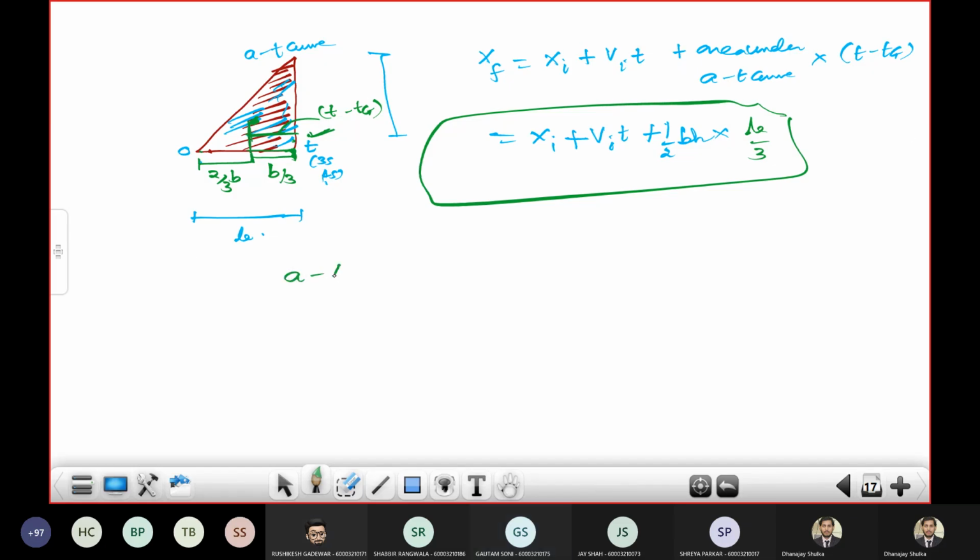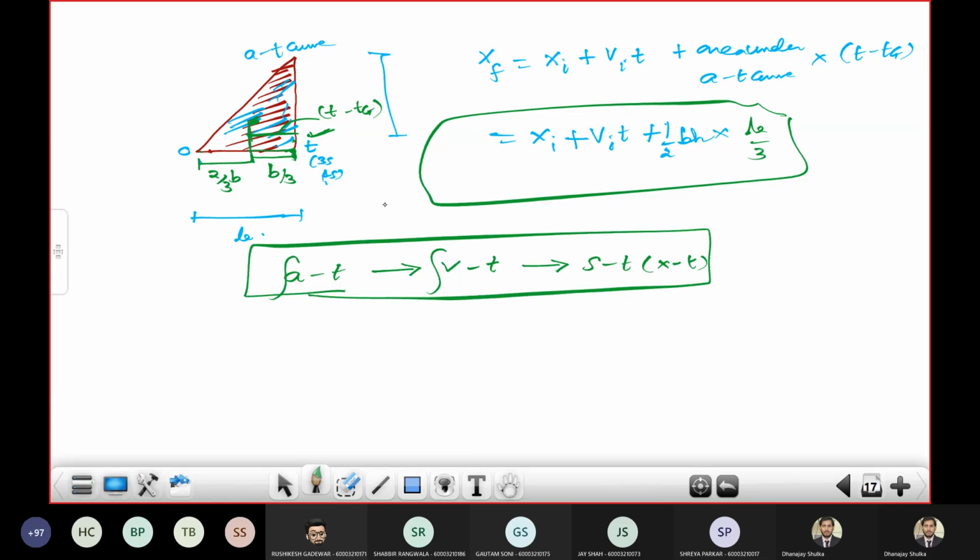See, if you have the AT curve, you can integrate and get the VT curve. Then once you have VT, you can integrate and get ST or XT, whatever you are calling. This is the conventional method. Why did I tell you this? It is an alternative.